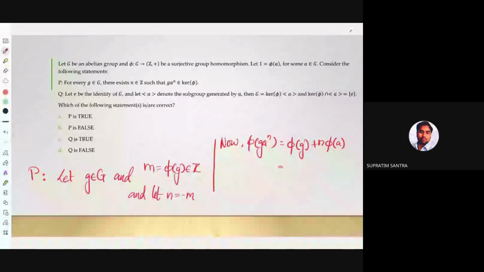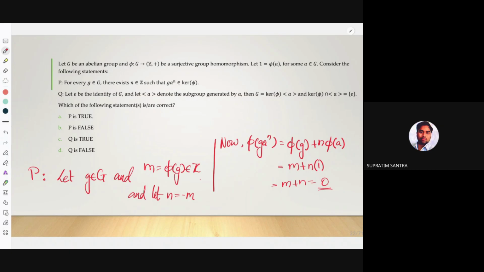So now this would give me m plus n times 1 because phi of a is 1, this is basically m plus n, which is 0.